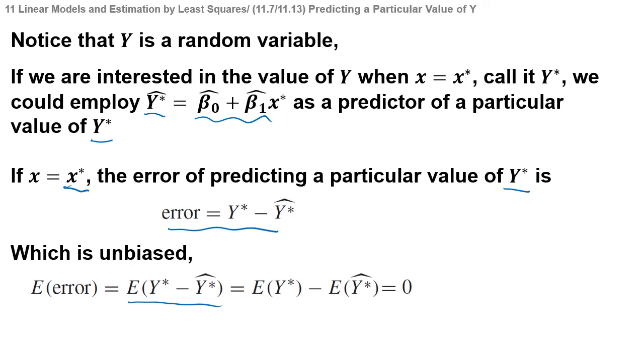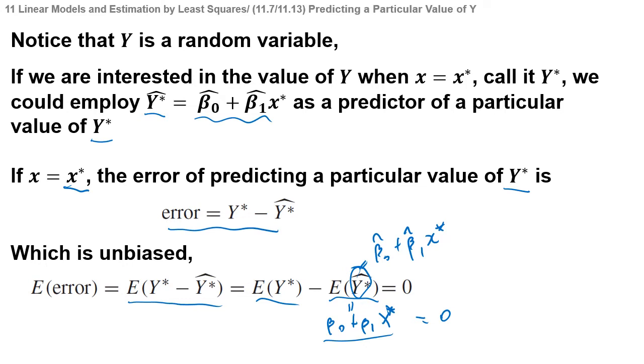And since y star hat is beta 0 hat plus beta 1 hat x star, this one becomes beta 0 plus beta 1 x star, and so this one minus this one equals 0.